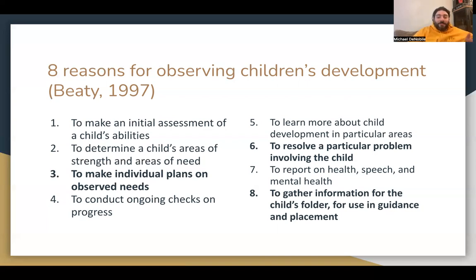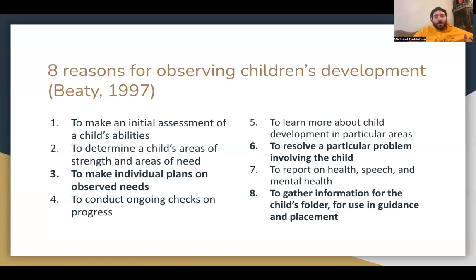But that kind of answers that first question: is it only for the like elementary school or like early childhood education? And the answer is no. Observations have their place all throughout elementary, middle school, and high school, and possibly even college.